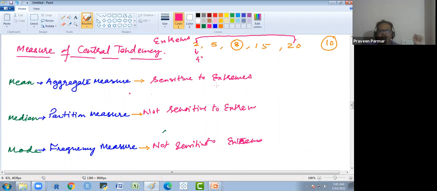So you have to re-measure the new mean and then use it in further analysis. But if you are taking the median as the central tendency, there is no need to re-measure the median because the median is not sensitive to extremes. Does that make sense to you?